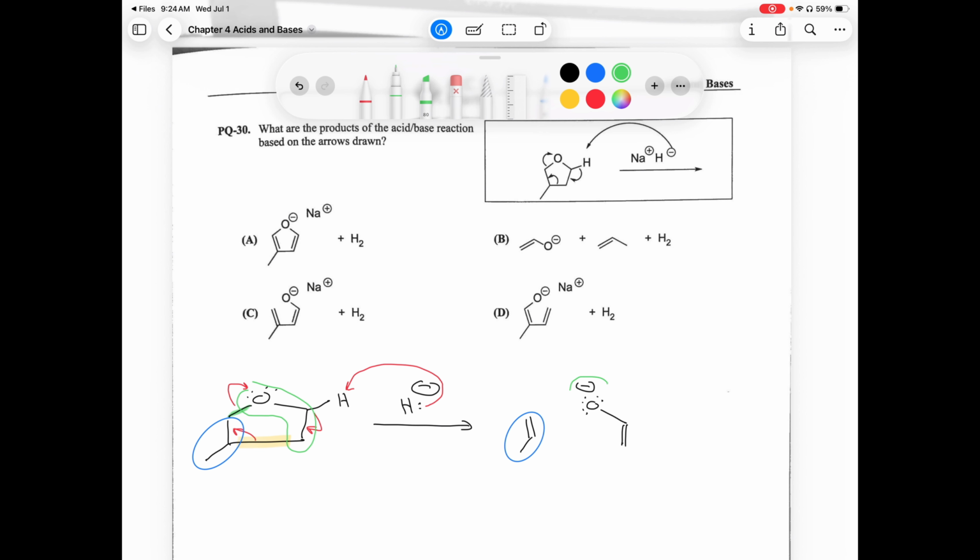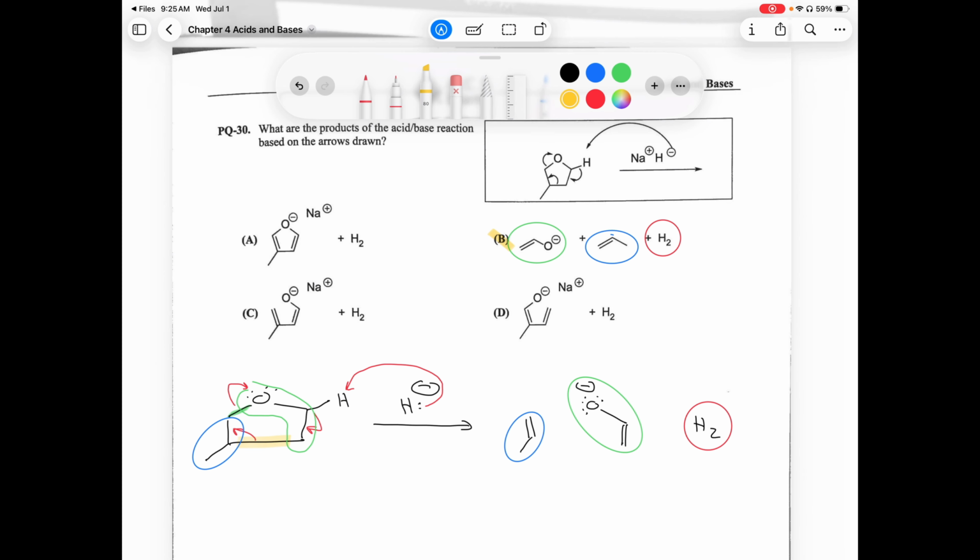And so here we go. That's that there. And so you can see that this is the part I had in green. This is the part that I had in blue. And of course, when the hydride abstracts a hydrogen, we also end up with hydrogen gas being formed. And so there you go. You can see that the answer must be B.